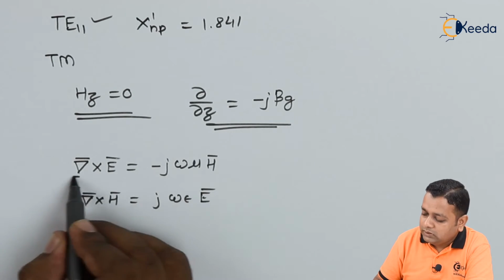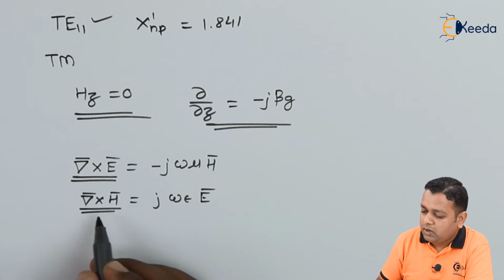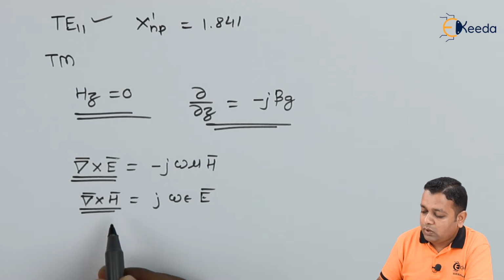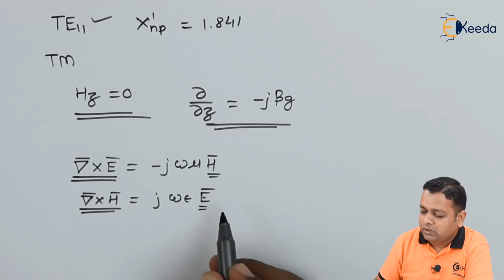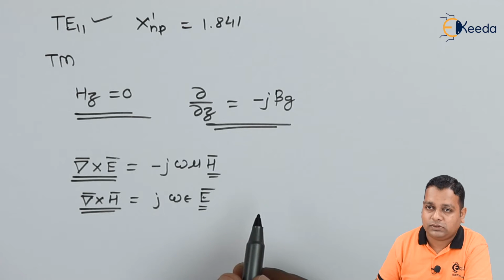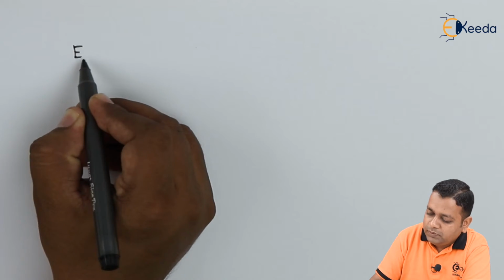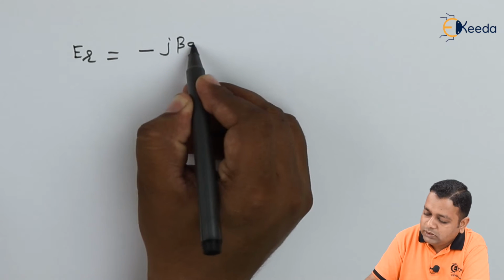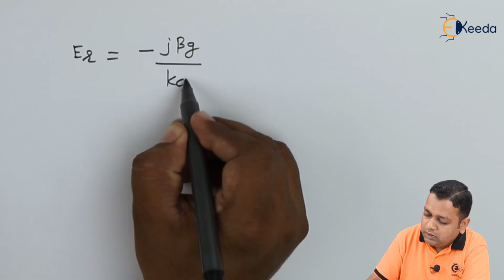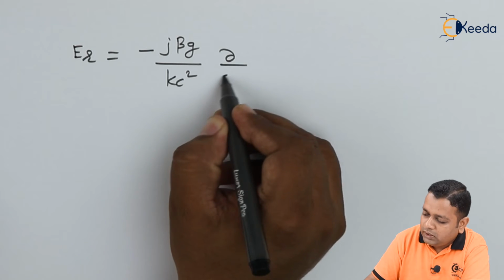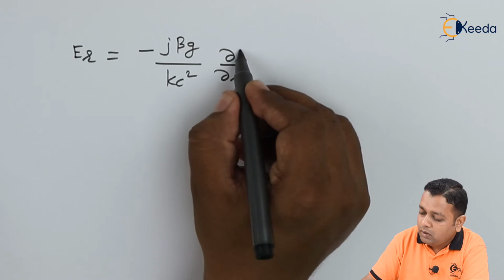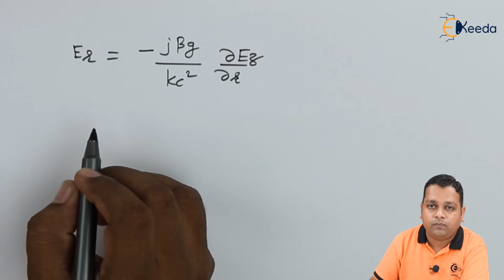We can have these curl equations expanded in the forms of Er, E phi, Ez, Hr, H phi, Hz, and these can also be resolved into the corresponding three components. So very first of all, the first component, we can express E suffix r as minus j times beta suffix g divided by kc square in multiplication to the partial differentiation with respect to r for the Ez component.